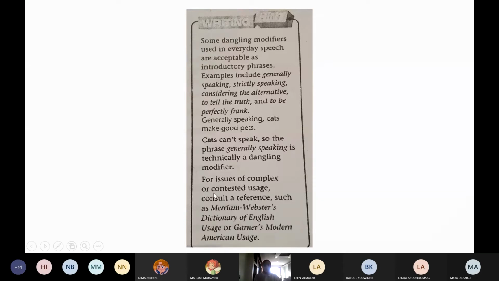For issues of complex or contested usage, consult a reference such as Merriam-Webster's Dictionary of English Usage or Garner's Modern American Usage. Merriam-Webster's is, we can say, the most trusted dictionary.